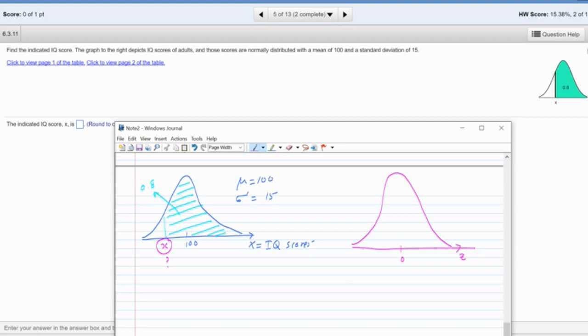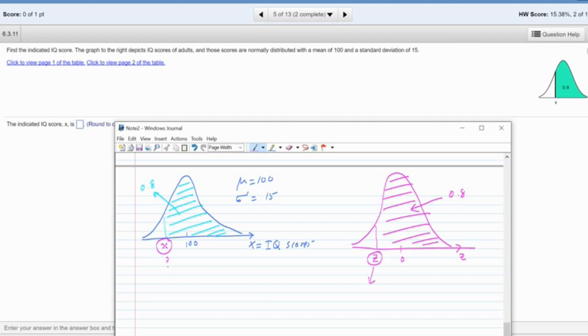So you have this area in the standard normal distribution equal to 0.8, and then we will find this Z value. Once we get this Z value, we will convert this Z back into X. That is the idea.